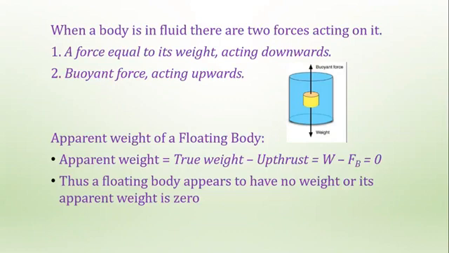The false weight of that object when it is inside the water is called apparent weight. And how do we calculate it? What is the formula? True weight minus upthrust. If a body is floating completely immersed in water, then its apparent weight is 0. It appears as if the body has no weight. This is the principle of flotation.